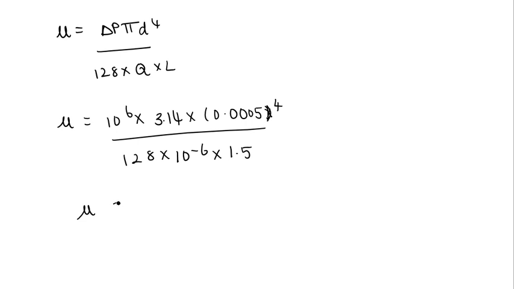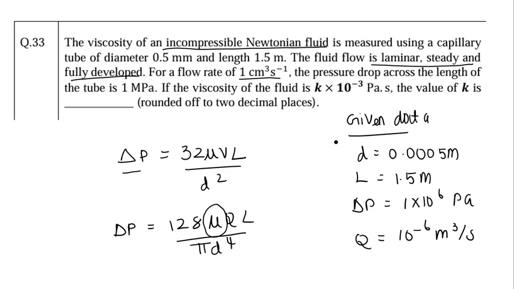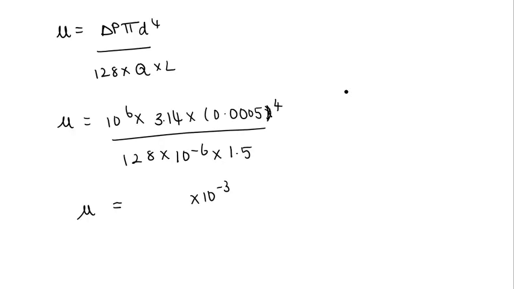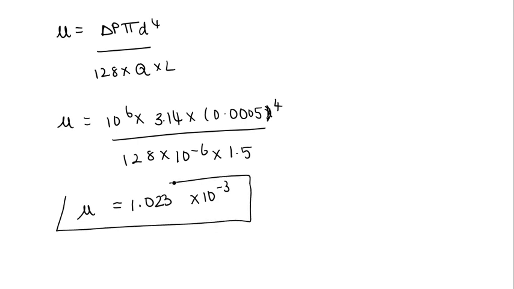So calculate in terms of 10 to the power minus 3, because in the given question they asked in 10 to the power minus 3 Pascal second. So how much will it come? It will come around 1.023. So the correct answer is mu equals 1.023 into 10 to the power minus 3 Pascal second.